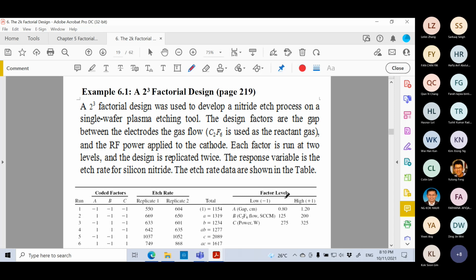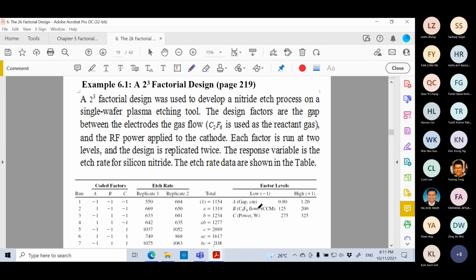Otherwise, you need to run many levels. Of course, using this way may not be accurate, so there is another case called the 3 to the power of k factorial design. Here you only concentrate on the 2 levels, and we expect that from these 2 levels, we can see what results they have, whether there is a significant difference or no significant difference.